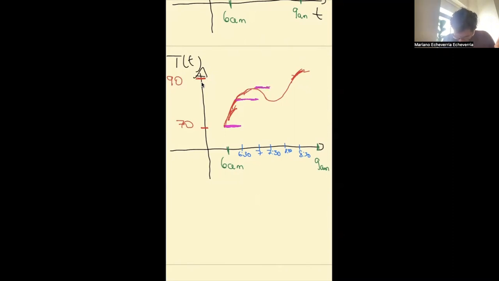Between 7 and 7:30, I'm going to pretend the temperature was constant. Then between 7:30 and 8, I'm going to pretend that the temperature was constant. Let me see if I'm putting this correctly. 6:30 is here. Yes.